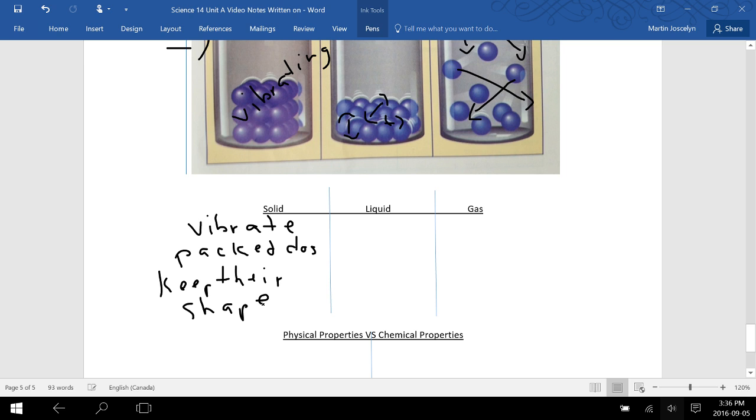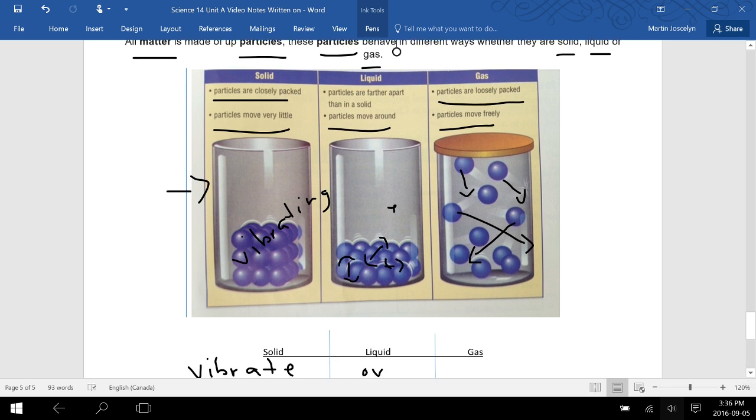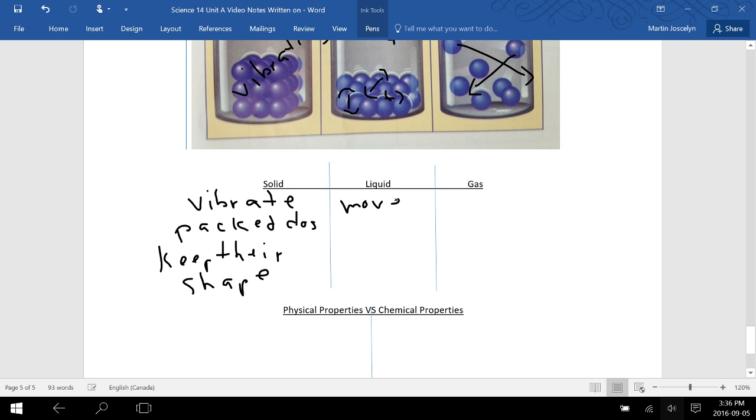Whereas liquids, the particles are touching, but they can move past each other.